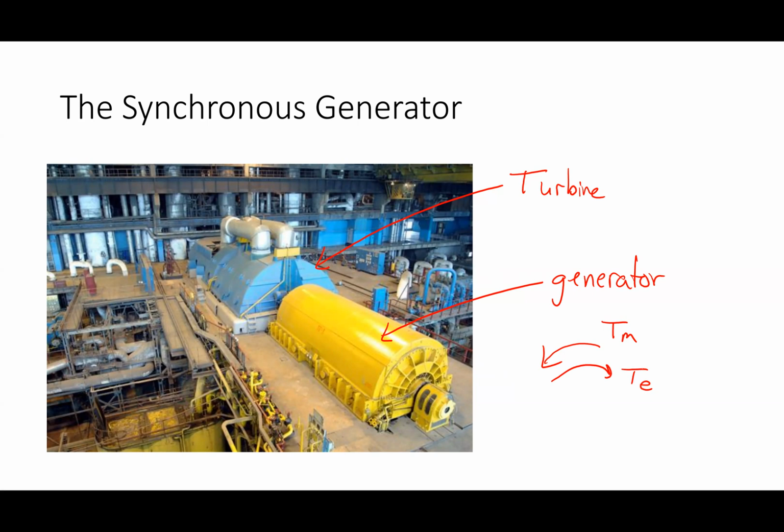So if I have a stiff bus, constant voltage, and I'm trying to push more electrical power out, I have to put more steam into the turbine to push it harder. In other words, I need to apply more torque. This guy always moves at a constant speed. So if I apply more torque, I'm going to get more power out.